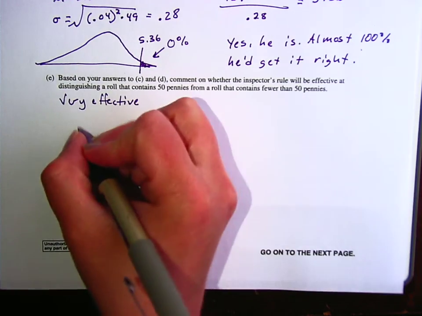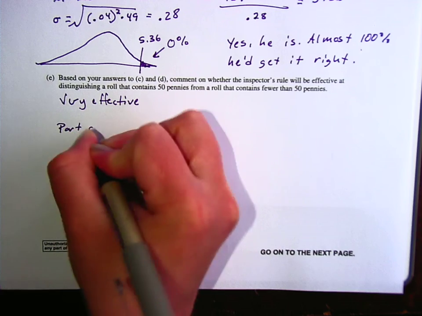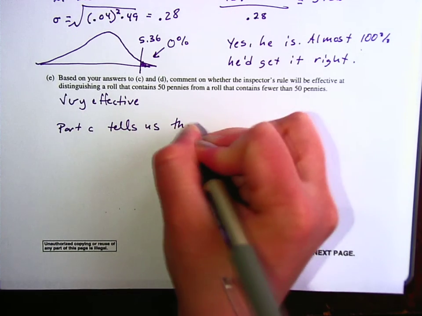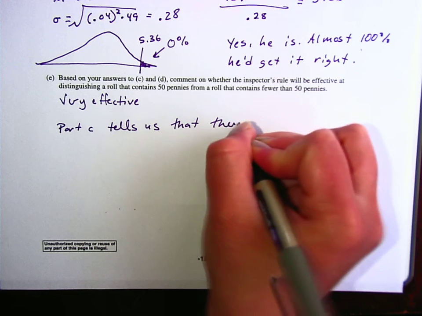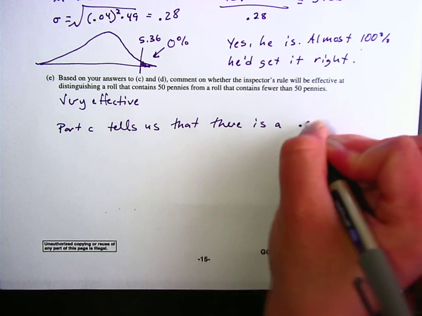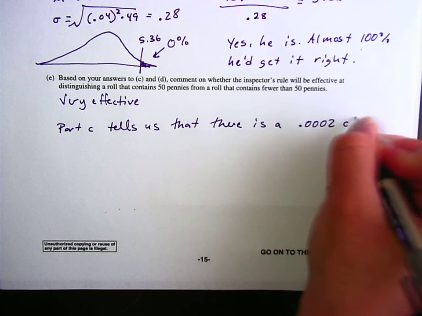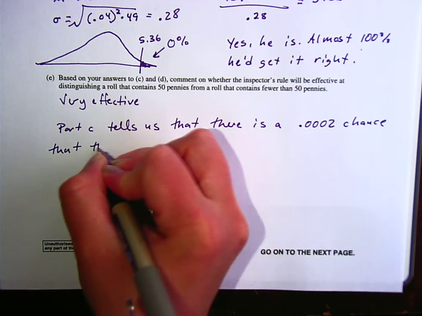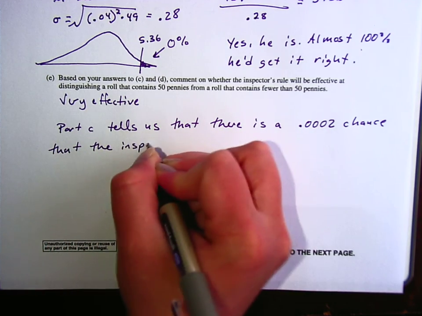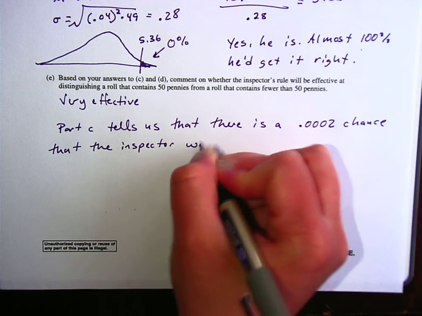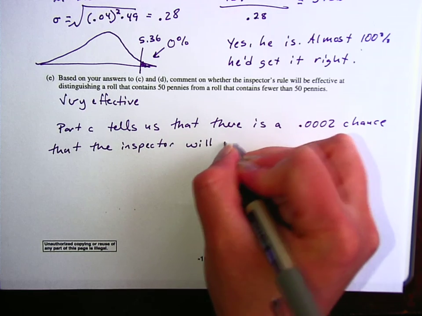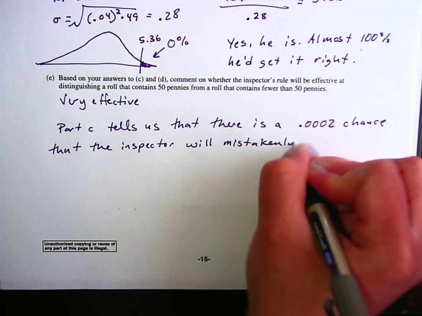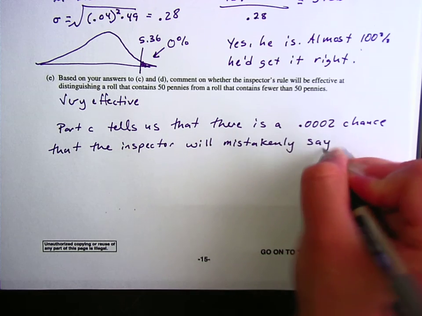So part C tells us that there is a 0.0002 chance that the inspector will mistakenly say a machine is malfunctioning.